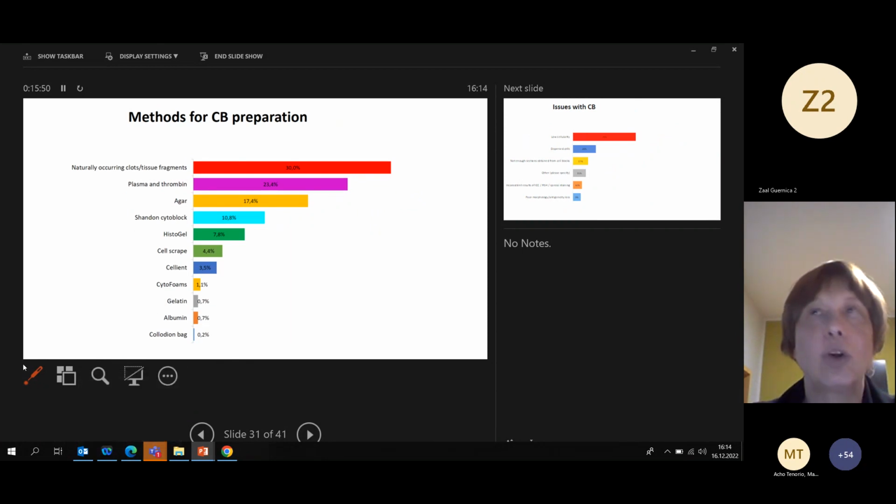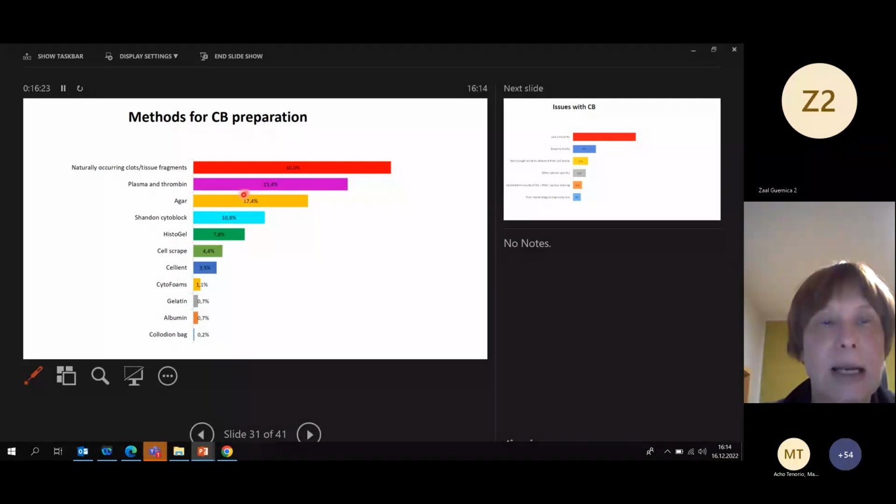In order to know the reality in European laboratories of using cell block preparation, EFCS performed a survey about cell blocks, and here you can see the results. The majority of laboratories just embed naturally occurring clots or tissue fragments in cell blocks, followed by still very popular plasma and thrombin, as well as the agar method, while Shandon Cytoblock, HistoGel, Cell Scrape, and Cellient are used less frequently, and some other exotic methods even more rarely.